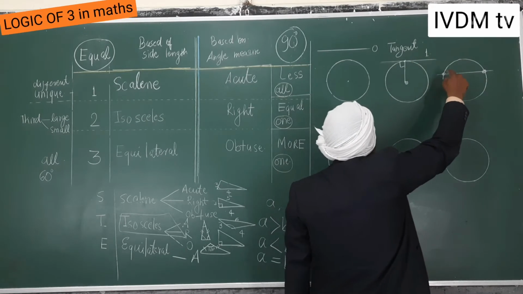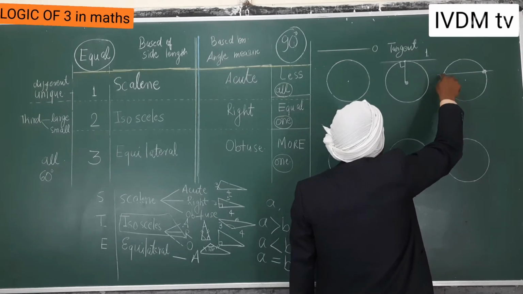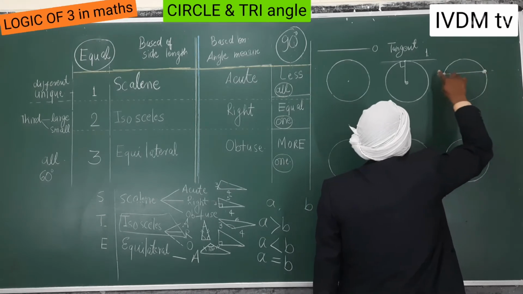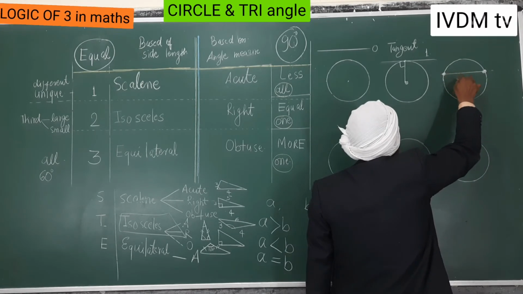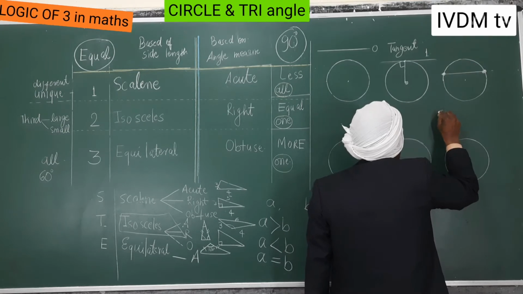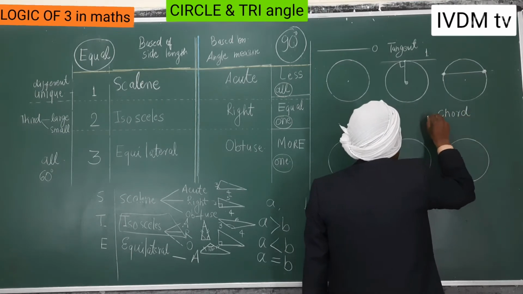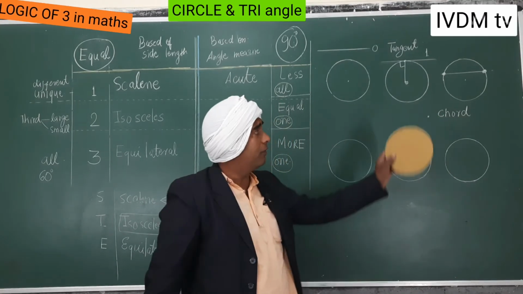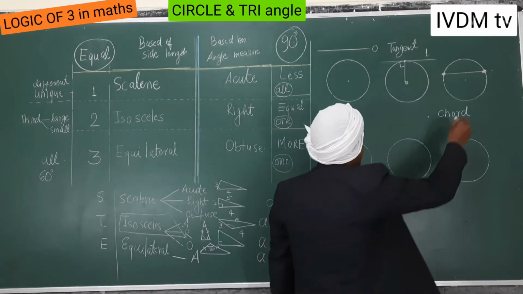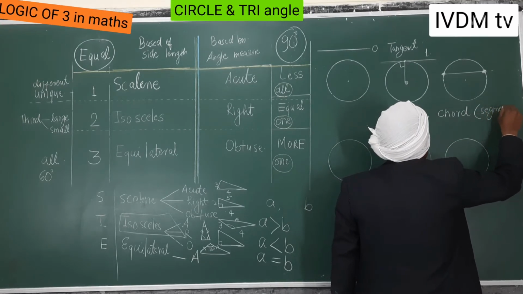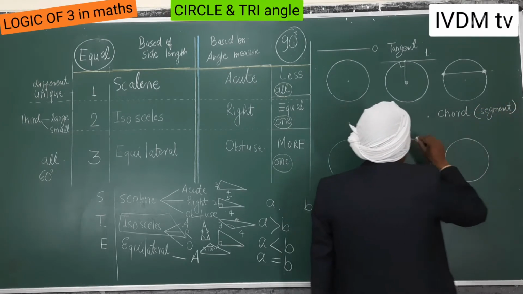This other line has two names. If you take a line segment with endpoints, it will be called a chord. Chord means a segment, where the end points are defined.